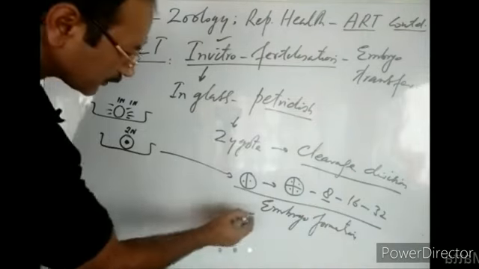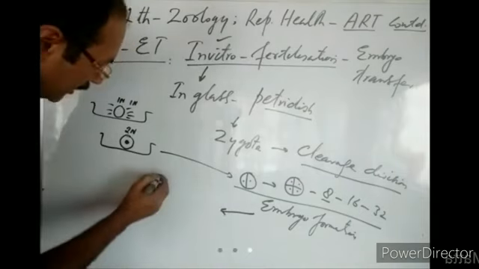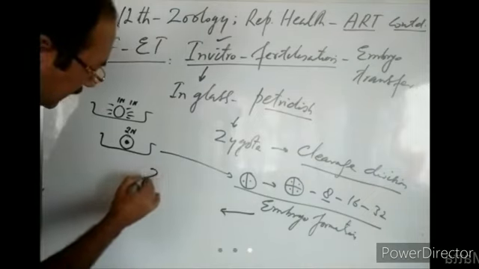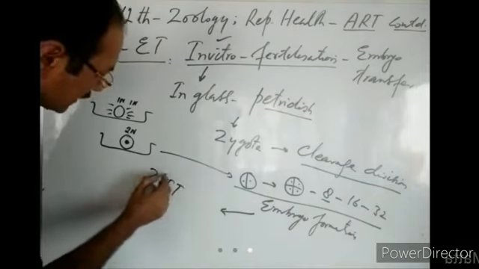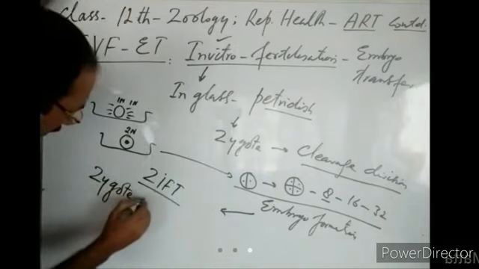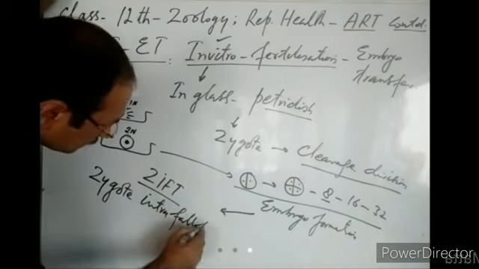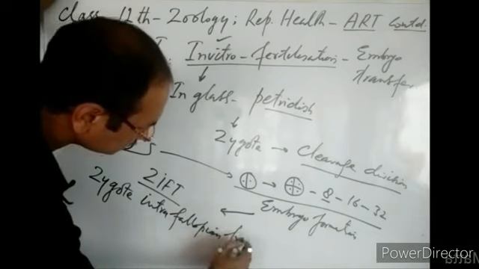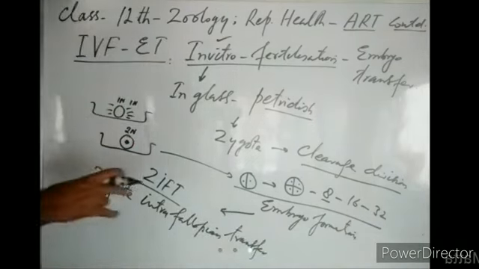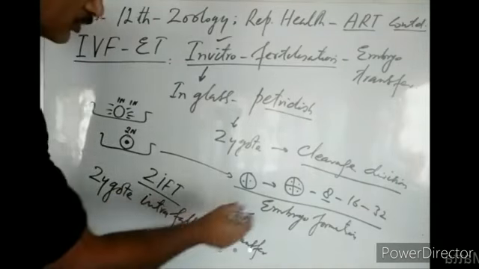If the embryo is transferred into the fallopian tubes, then we call it ZIFT, zygote intrafallopian transfer.